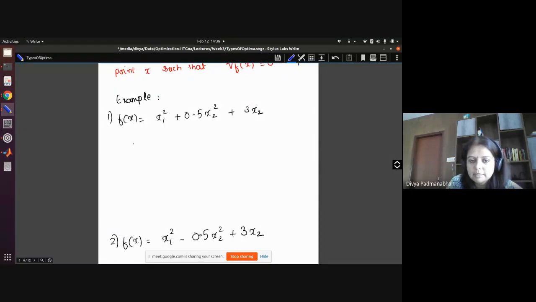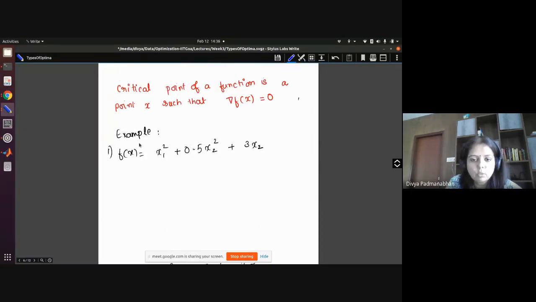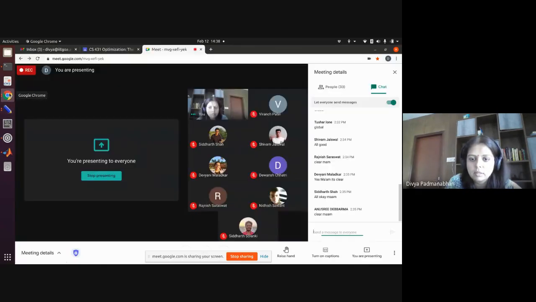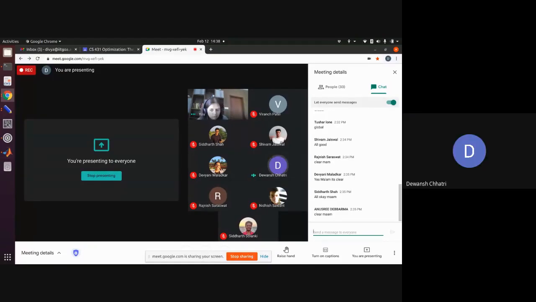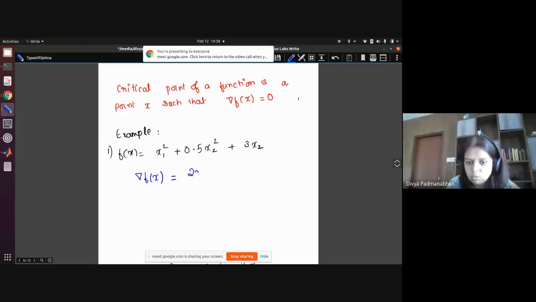In this case, f of x is x1 square plus 0.5 x2 square plus 3 x2. Can you tell me the gradient? It's 2x1 and x2 plus 3, right?